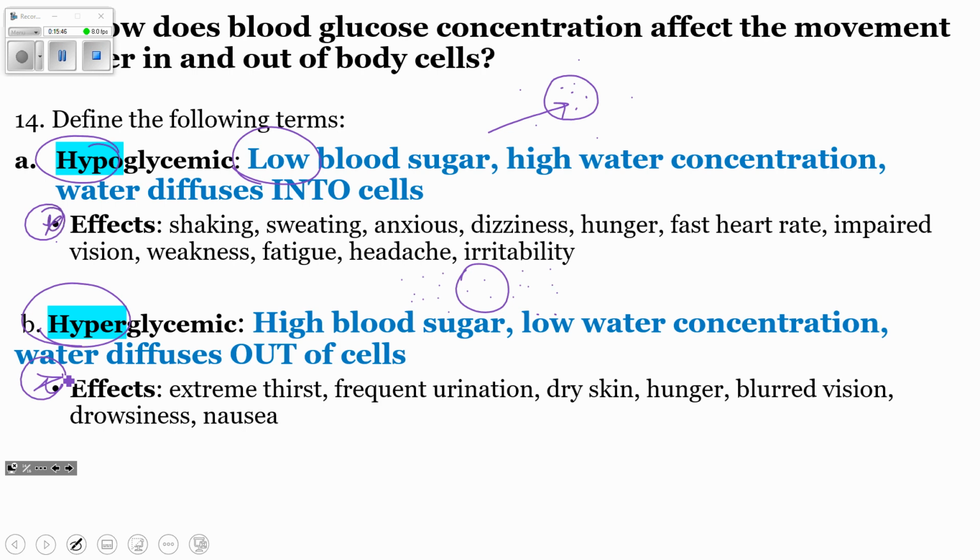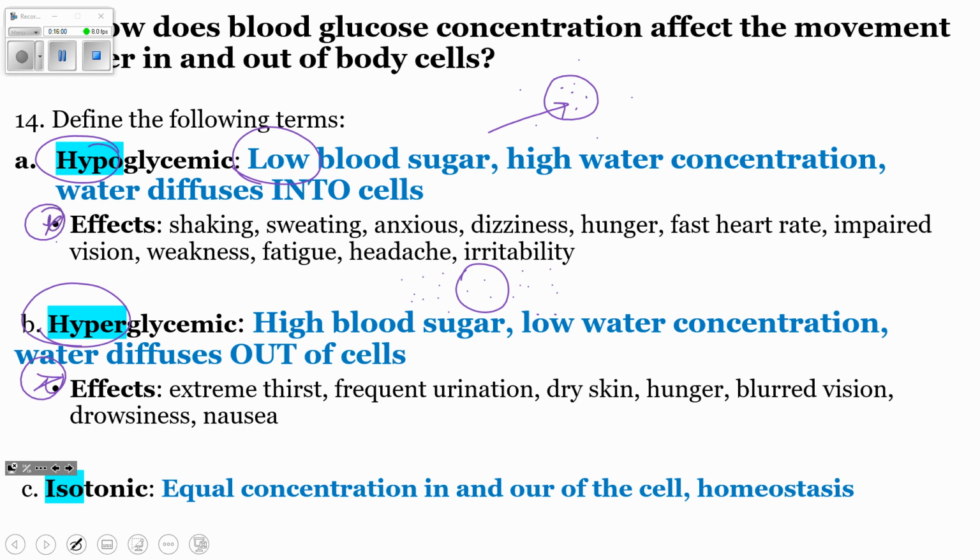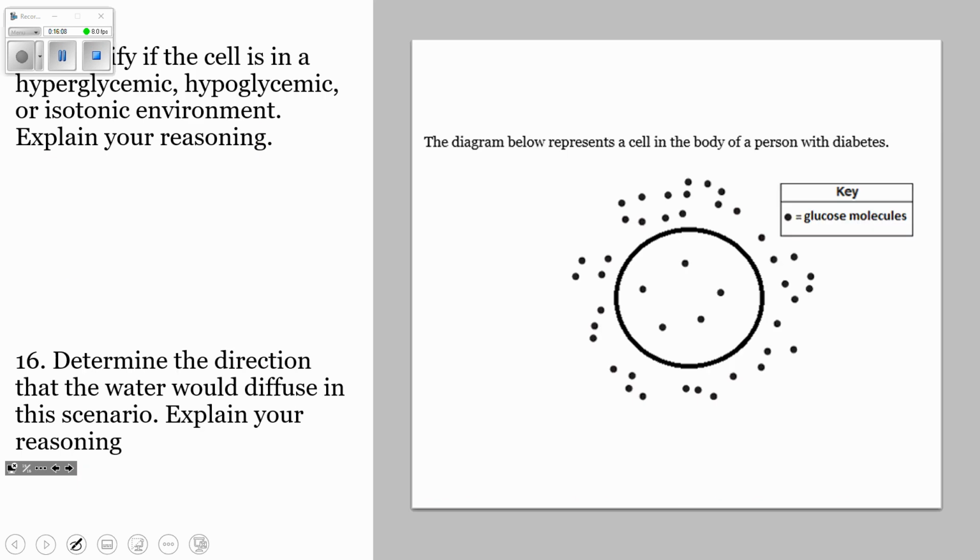Dry skin, hunger, drowsiness, nausea. So once again, you have to know the difference between hypo and hyper, and you should also know some of the effects or symptoms that someone would be exhibiting if they have those conditions. Isotonic just means equal concentrations on both, so therefore that person is in homeostasis or in dynamic equilibrium.